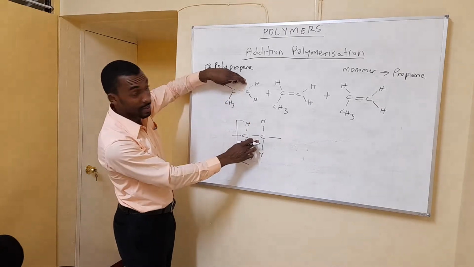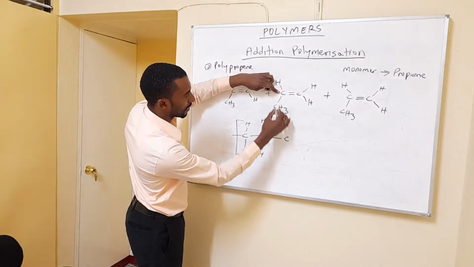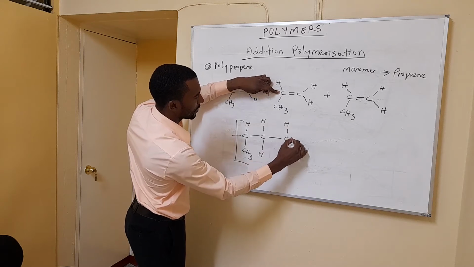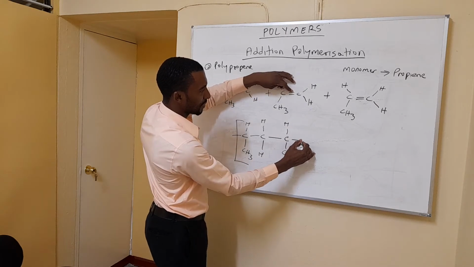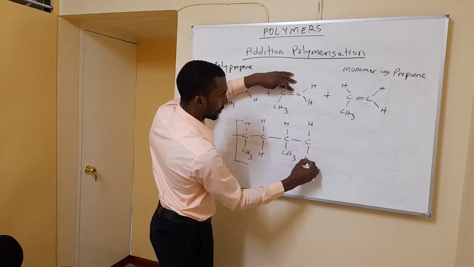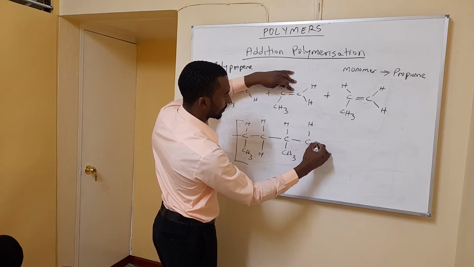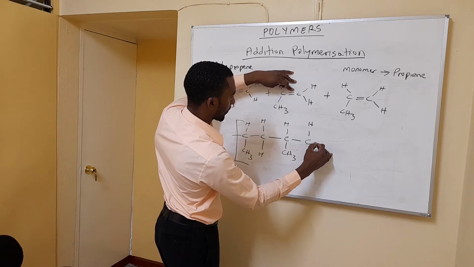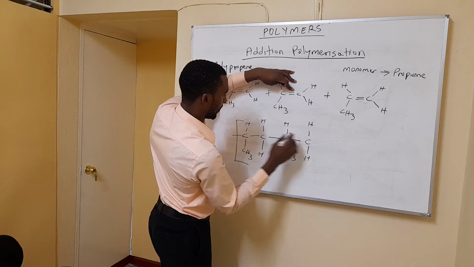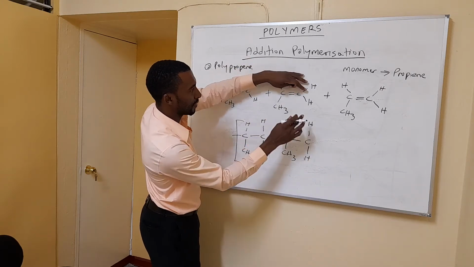Then you're going to go to this carbon atom, now it's going to have a CH3 and a hydrogen. This bond will also be broken to form H, right? This one will go to that one, right? So 1, 2, 3, 4 so far, right?